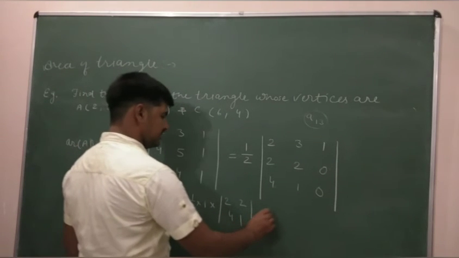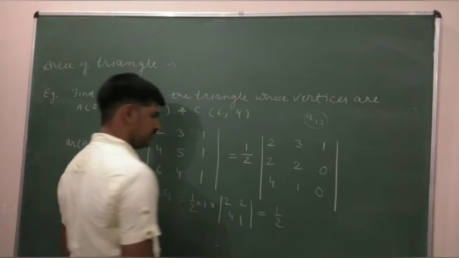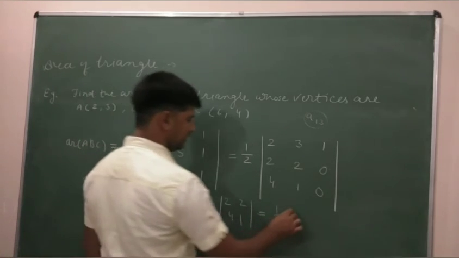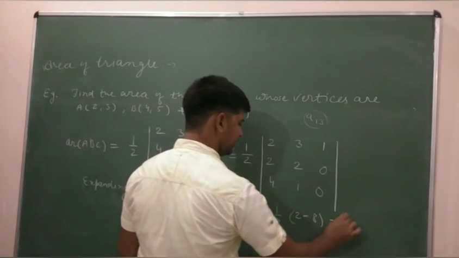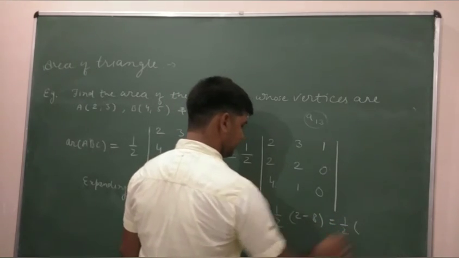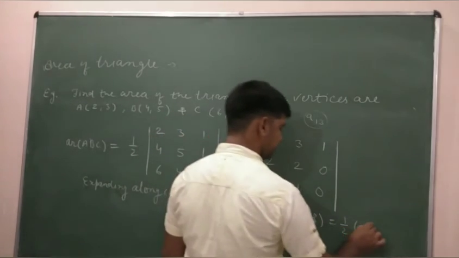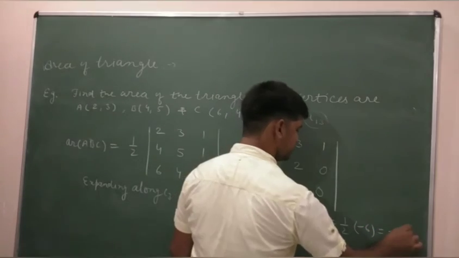And now this is equal to half of 2 minus 8, and that is equal to half of, what would you get here? Minus 6, and that is equal to minus 3.